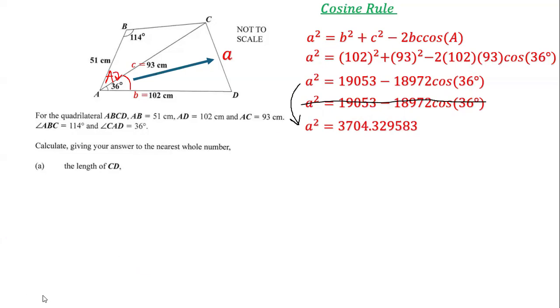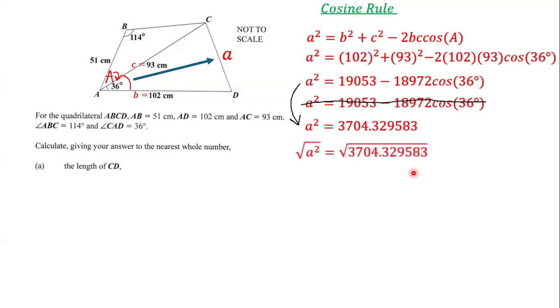So when we evaluate 19,053 minus 18,972 multiplied by cosine of 36, that gives us 3,704.329583. So a squared is equal to 3,704.329583.